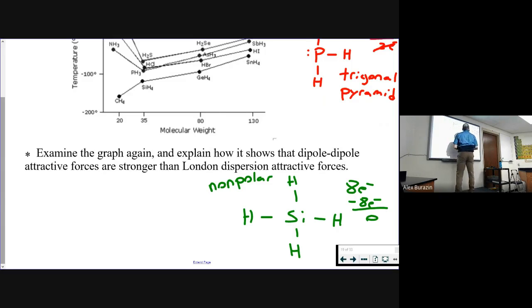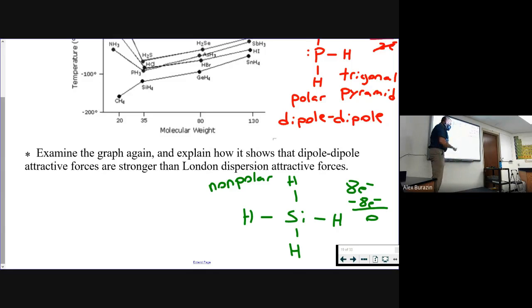This up top is a polar molecule, and as a result, they're going to have different intermolecular forces. The top one, because it's polar, is going to have dipole-dipole intermolecular forces. The bottom one, because it's non-polar, will only have London dispersion and nothing else.